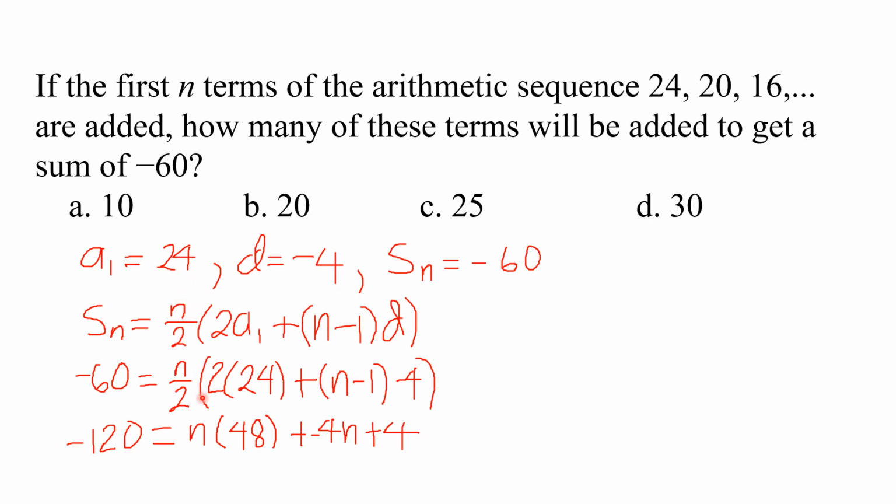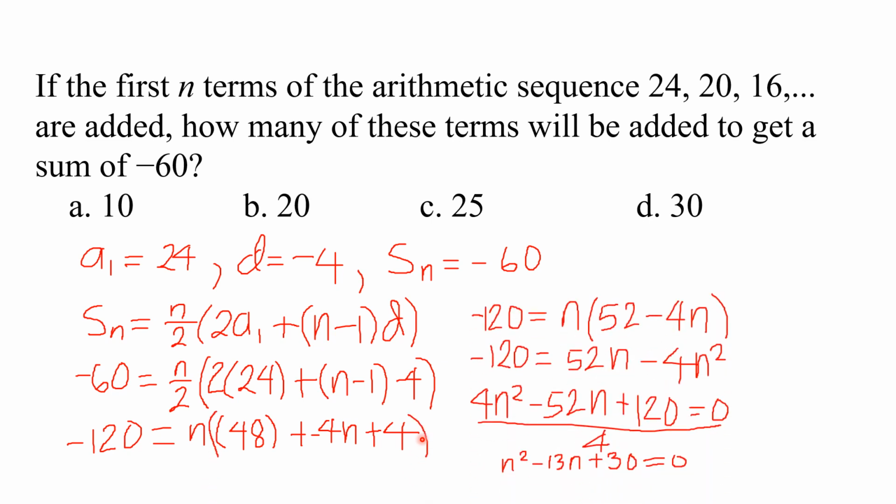There's no value of n, by the way. The first term is 24, it's already given, and the common difference is negative 4. So we'll simply bring down n minus 1. And then by the distributive property, we distribute negative 4 inside: n times negative 4 is negative 4n, then negative 1 times negative 4 is positive 4.